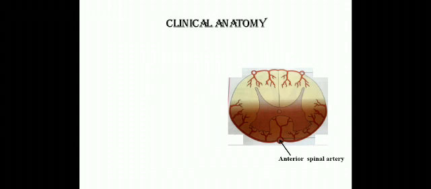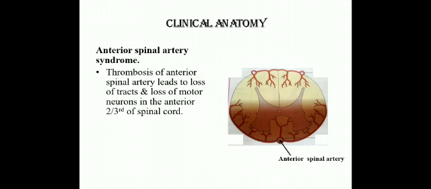Clinical aspect, the anterior spinal artery syndrome. The anterior spinal artery supplies the anterior 2/3 of the spinal cord. Thrombosis of this artery leads to loss of tracts and the loss of motor neurons in the anterior 2/3 of the spinal cord.